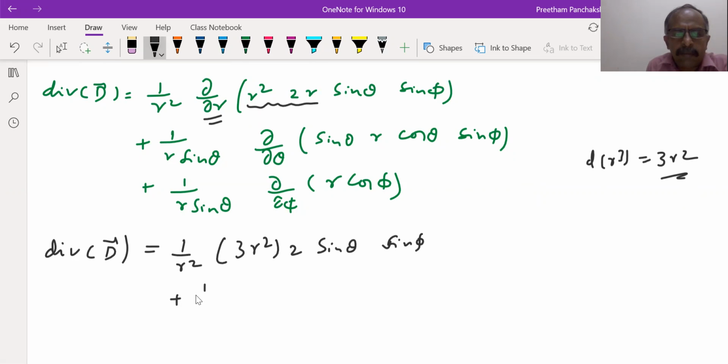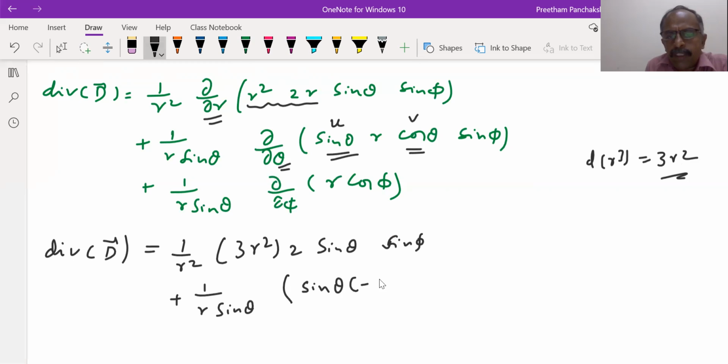Plus in the second term, 1 by r sin theta is outside the differentiation, no change. And here theta is the variable, so sin theta and cos theta are to be differentiated. r and sin phi are constant. So we shall differentiate this one using the product rule, the UV method. First we keep sin theta as it is and differentiate cos theta. Differentiation of cos theta is minus sin theta.